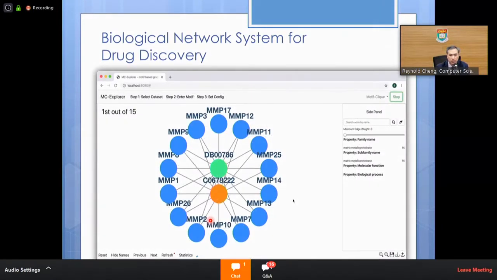After that, in seconds, our software will return the motif cliques. On the right side, you can see a dashboard which shows different properties of these cliques in this knowledge graph. We can click on the properties, and then we can see all these protein nodes that are related to the same family.